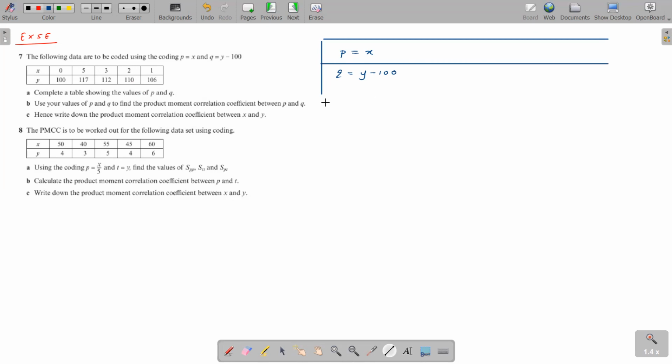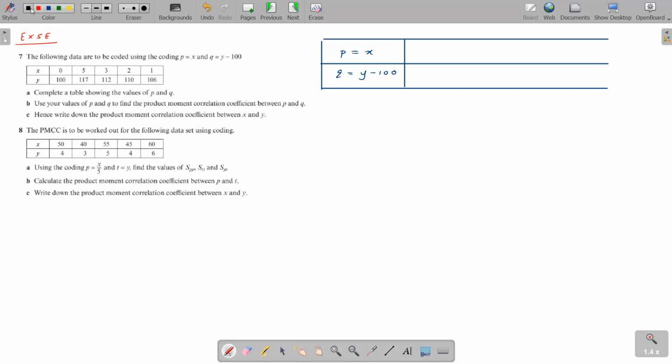So you have to prepare a table. Who is the first X value? You can see, guys, P is equal to X. When they say P is equal to X, it means the P value and X value are equal. So if X is 0, P is also 0.